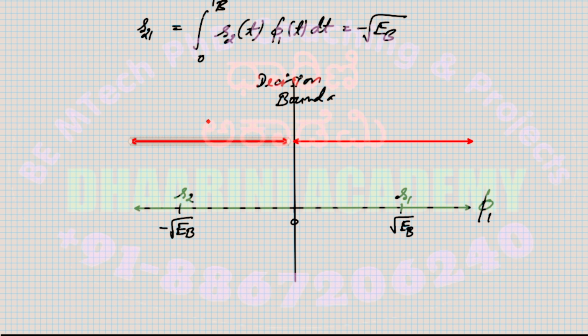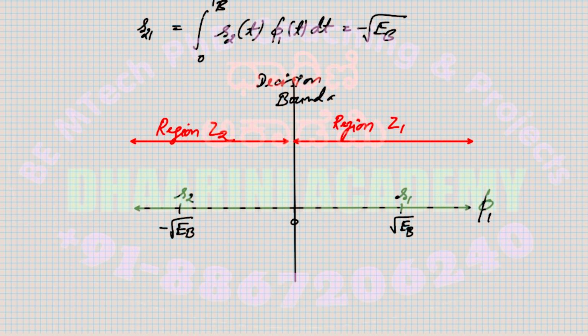Any point that lies in this region, we mark as region Z2. So let's call this region Z1, and region Z2 corresponding to S2. So the decision boundary is at the center. This is how we try to write the constellation diagram.